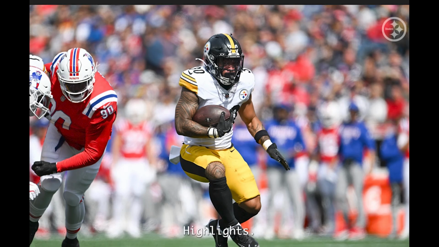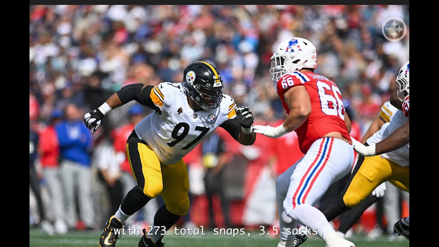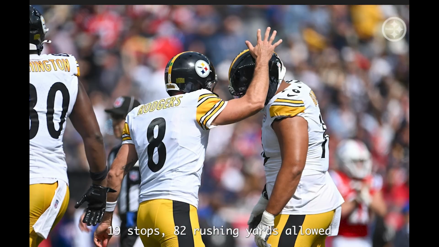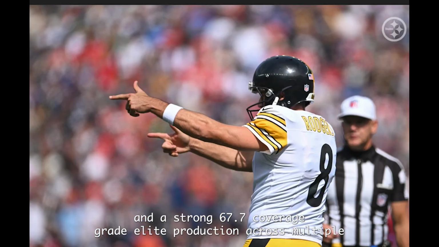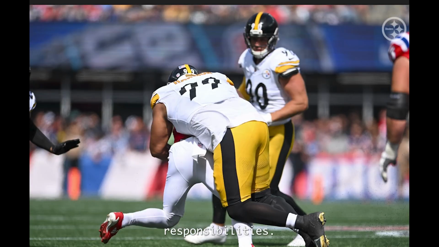Efficiency highlights. T.J. Watt remains the defensive cornerstone with 273 total snaps, 3.5 sacks, 19 stops, 82 rushing yards allowed, and a strong 67.7 coverage grade, elite production across multiple responsibilities.